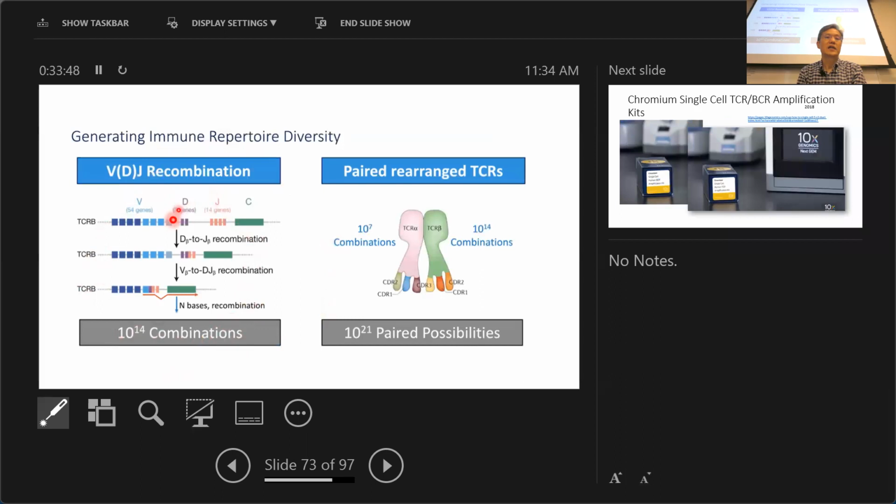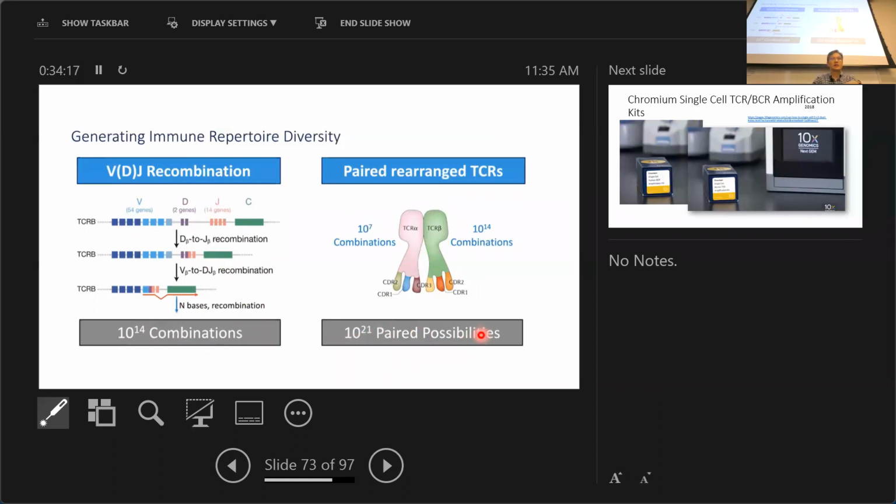Okay, so this large amount of VDJ recombination creates a large number of possible combinations, large enough. And also, the T cell receptor has two subdomains. So if you create the combinations for the alpha domain, you still have a beta domain to expand the possible pairs to a large number, 10 to the 21 possibilities.